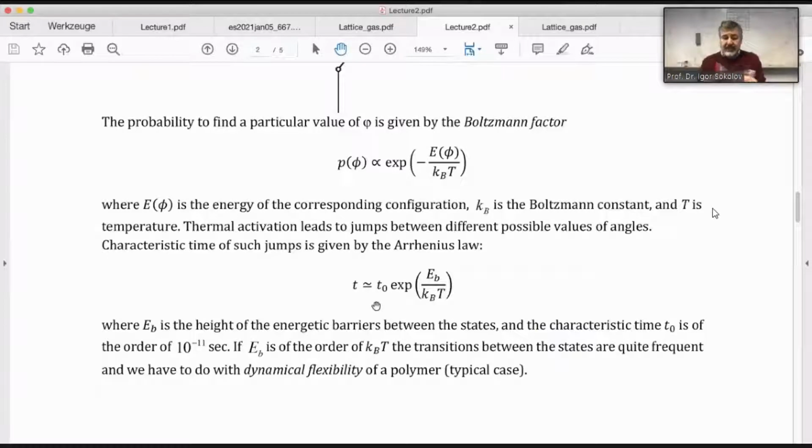Here I definitely have a time scale below seconds. But if I freeze it, it will get stiff. You know that plastic bags get stiff at low temperatures. So you can estimate the barriers. This is where the thing loses its flexibility. But at normal temperature, the thing is flexible.